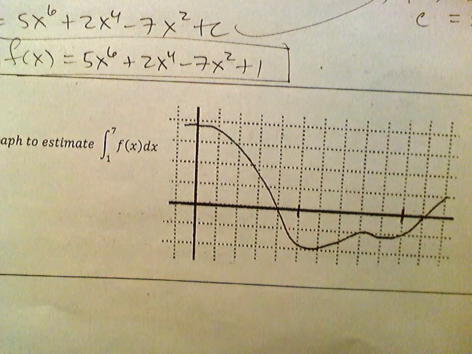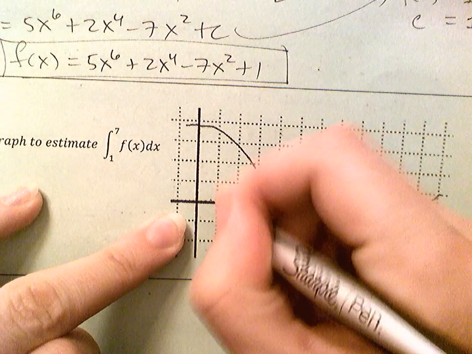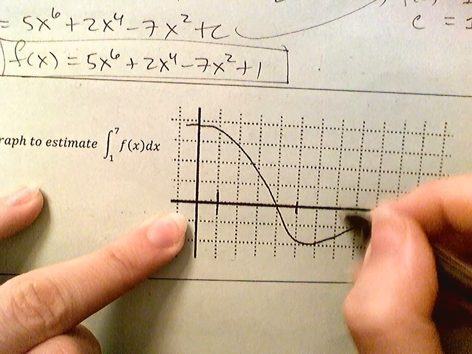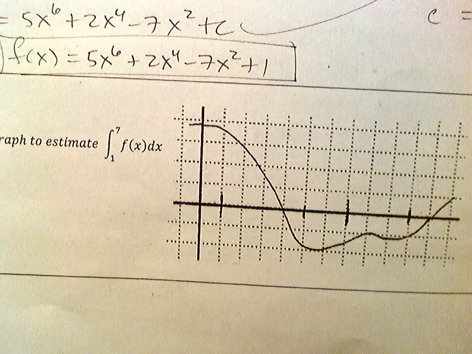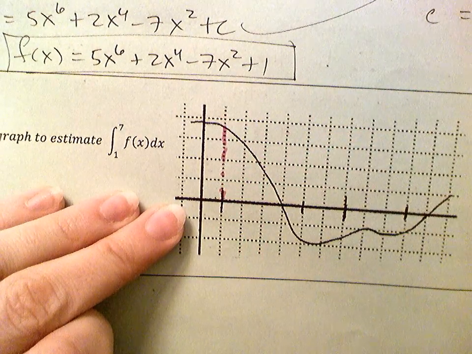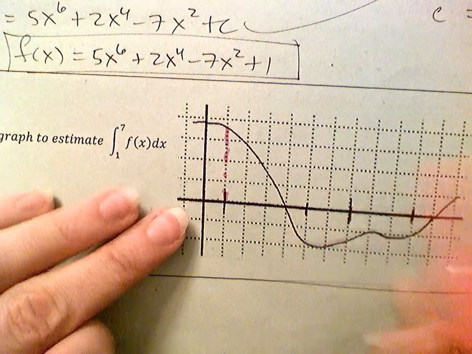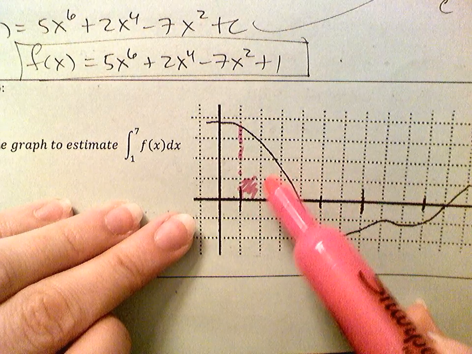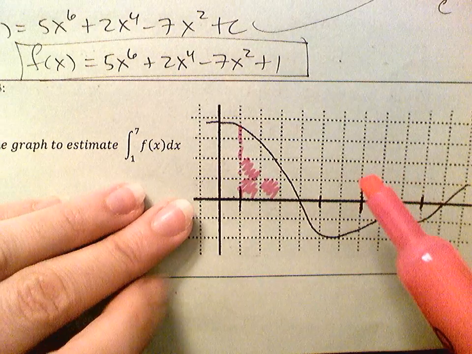So from 1 to 7. All right, so there's 1, 2, 3, 4, 5, 6, 7. So I'm going to have some positive area over here and some negative area. So I'm going to count the boxes. I feel like this is a full 1, 2, 3.